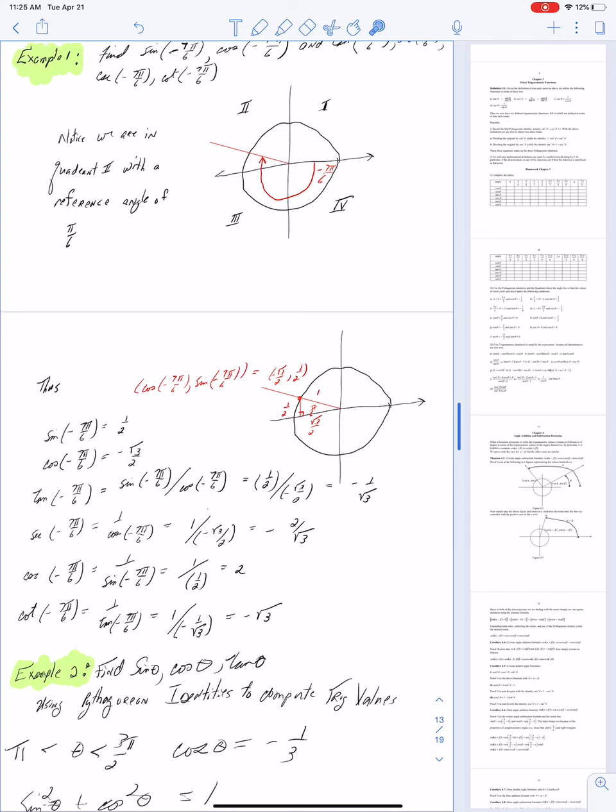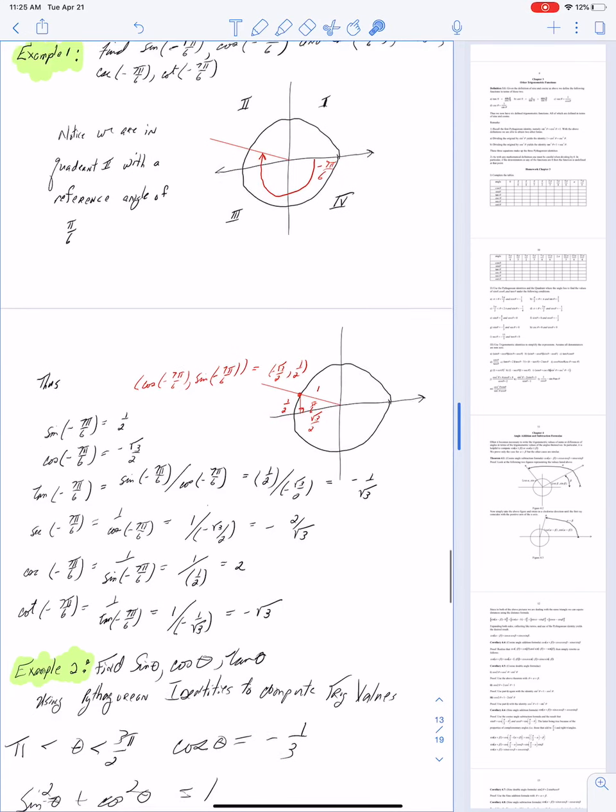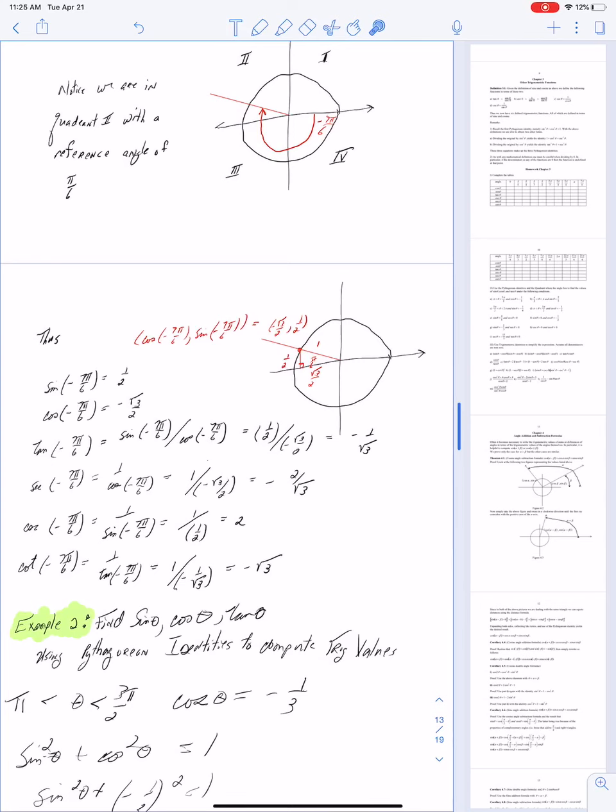And lo and behold, that is a common triangle, and if it's a common triangle, I can fill in the values. Remember, I'm on the unit circle. Hypotenuse is 1. This side length is the square root of 3 over 2, the side opposite 60 degrees, or pi over 3. And this length is 1/2. Knowing this length and this length tells me what this point is.